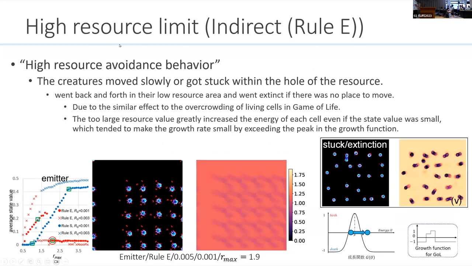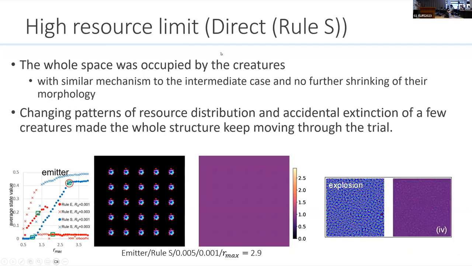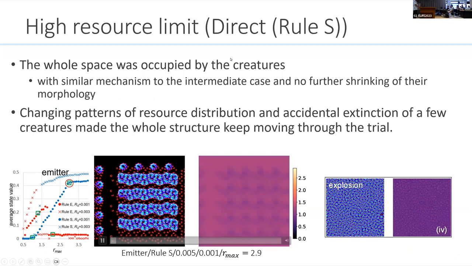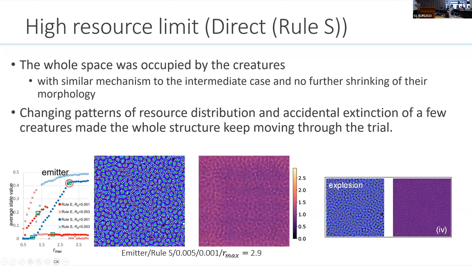In the case with a high resource limit, there are two types depending on the direct effect and the indirect effect from the environment on creatures. In the case of the direct effects, like this, the whole space was quickly occupied by creatures.